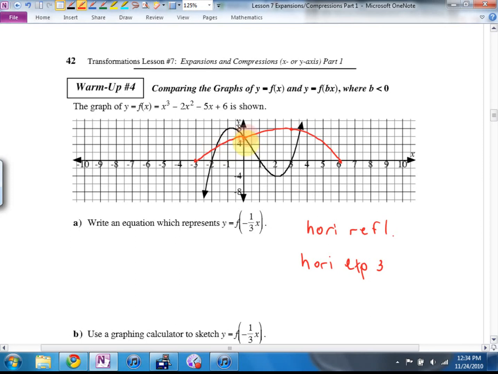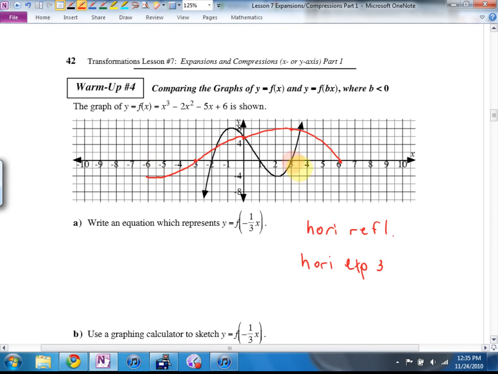I'd probably do this one as well. Right now it's at -2, 2, -4. So it's going to be reflected. -2, -4. Expand it. Instead of -2, -6, -4. And it looks like it starts to bottom out there, so I'll start to curve up a little bit. Right? I definitely take the 3, 0. Reflect it. -3, 0.